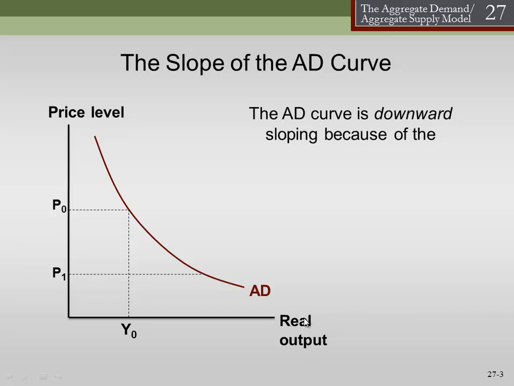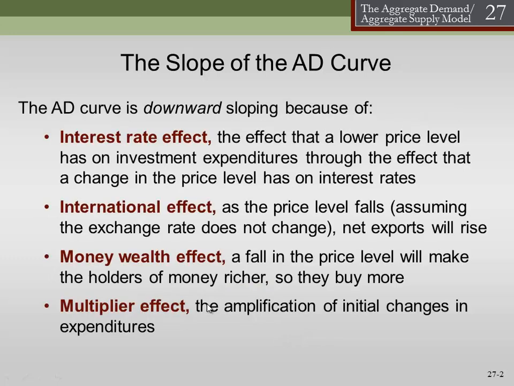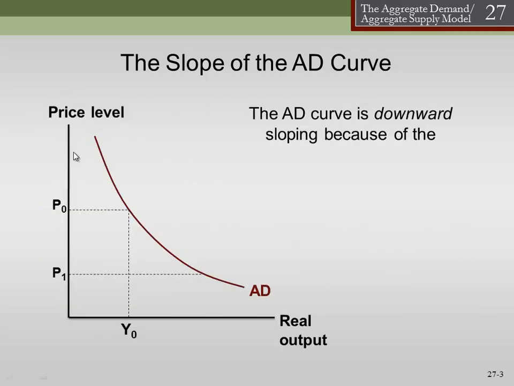We could also put real income here because output equals income at the aggregate level. And then we draw in our aggregate demand curve, and notice it's downward sloping. Why? Well, because of those reasons that we just showed. See, right here. These reasons show that there should be a negative relationship between this price level and the overall real output that we demand.